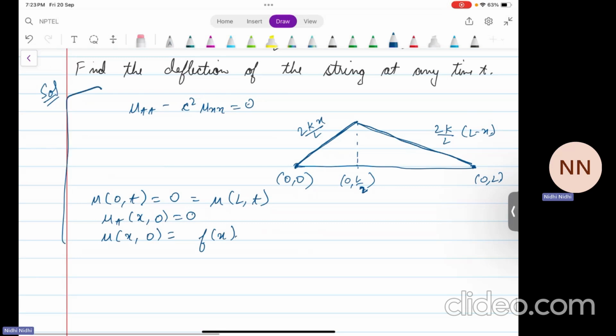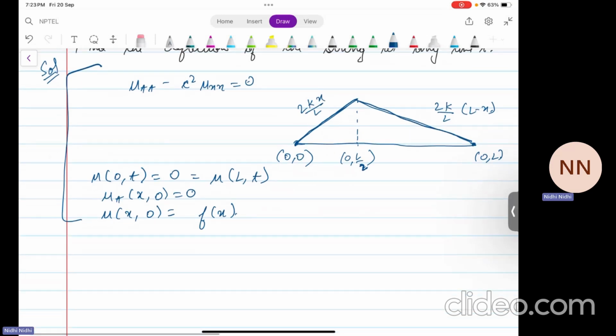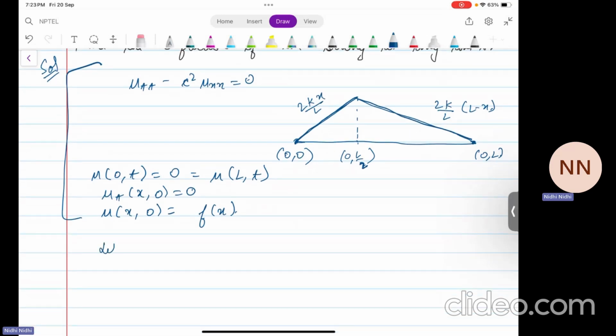So actually we need to solve this equation. So again, this is the same as we had been doing earlier. All we need to find is the value of lambda n such that u(x,t). So now again we'll take u(x,t) to be X(x)T(t), which gives us X double dash by X is equal to T double dash by c square T.